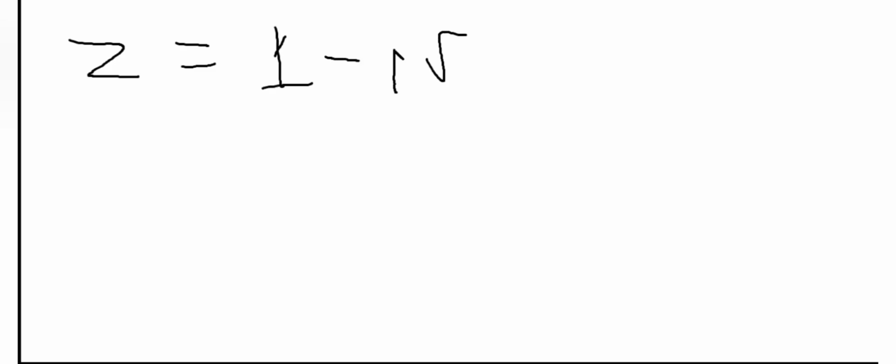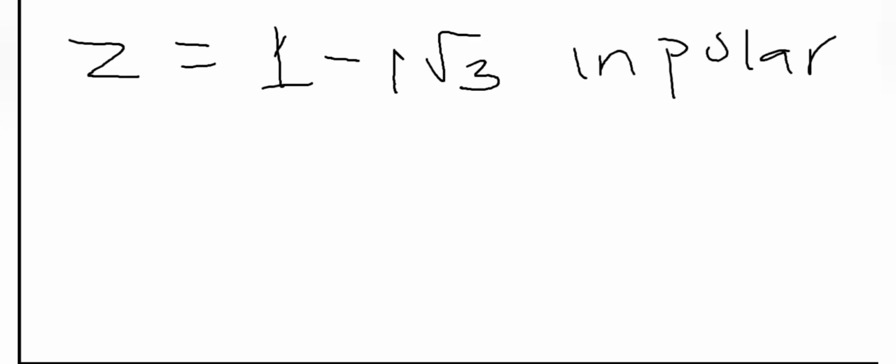For example, in this case, we have been asked to express the complex number z equals 1 minus root 3 i in polar form. What should be the first step that you should consider when working out? The first step should be on the angle. What I told you, it should be on the graph. You picture it first on a rough sketch.